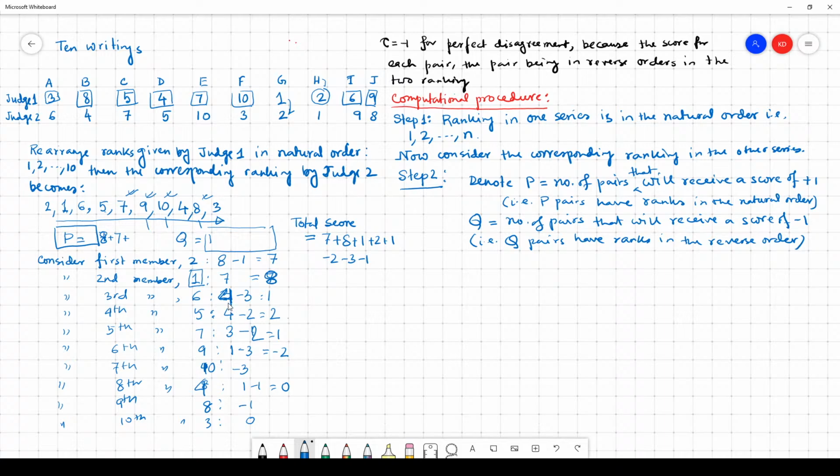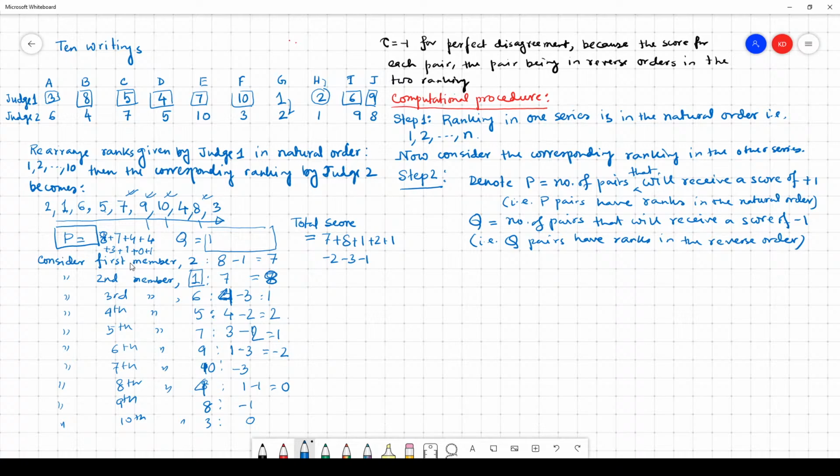For the third member, it is 4. Fourth member is 4. Fifth member is 3. Sixth member is 1. Seventh member is 0. Eighth member is 1. Ninth member also 0. And 10th member also 0.